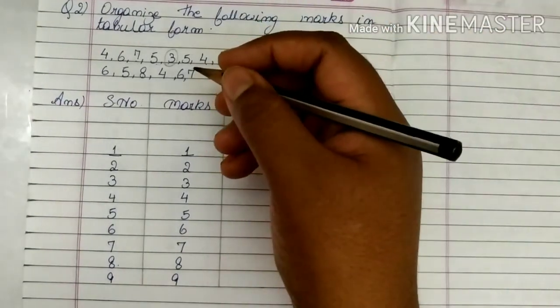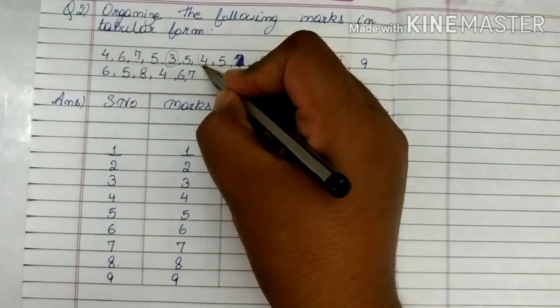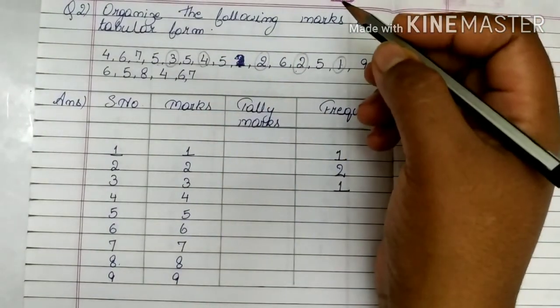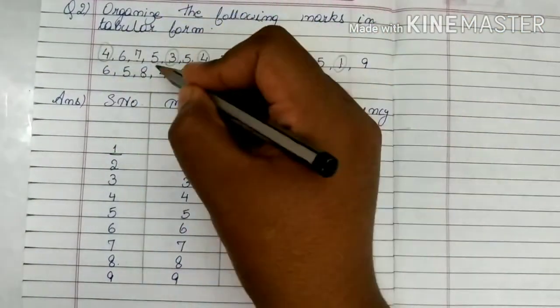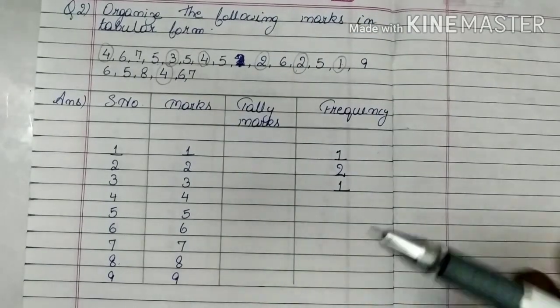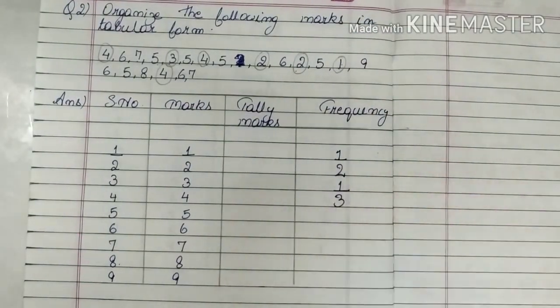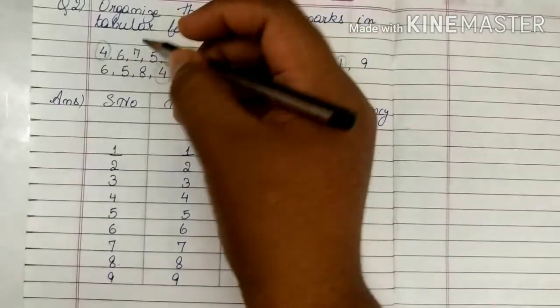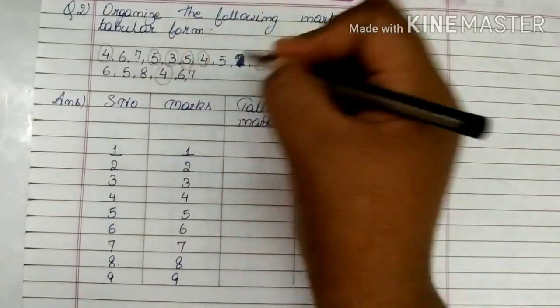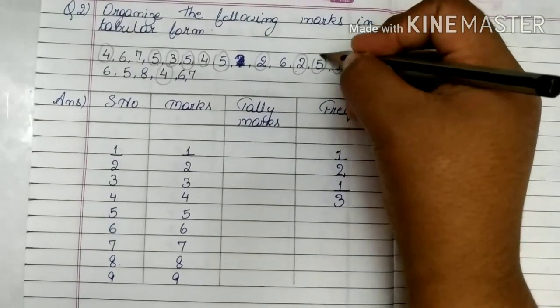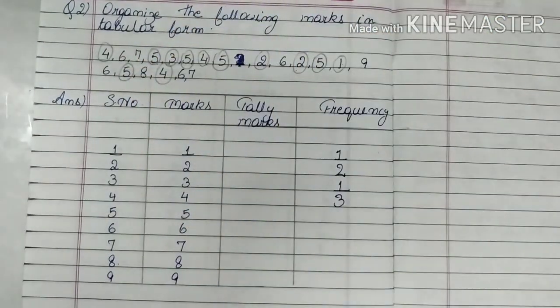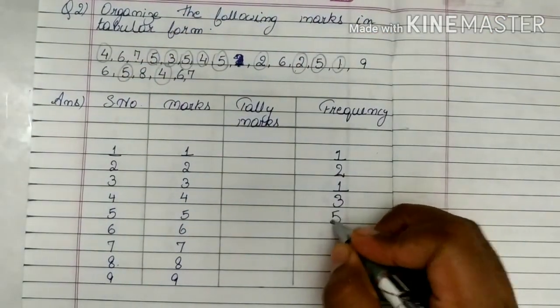Number 4 is repeating 1, 2 and 3 times, so we'll write it as 3. Number 5 is repeating 1, 2, 3, 4 and 5 times, so we'll write 5 over here.